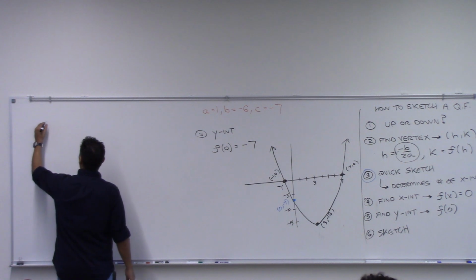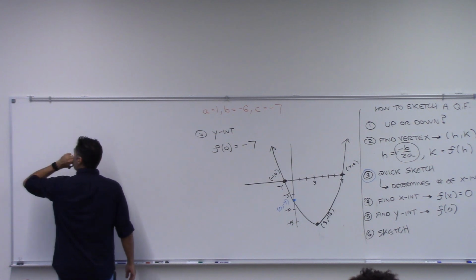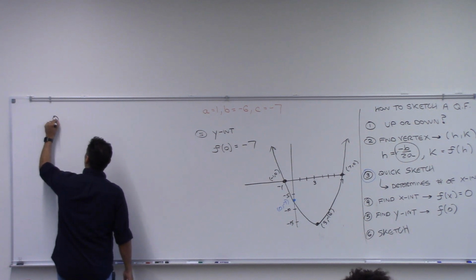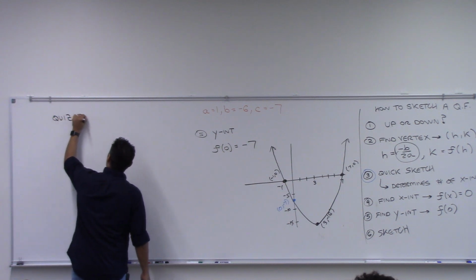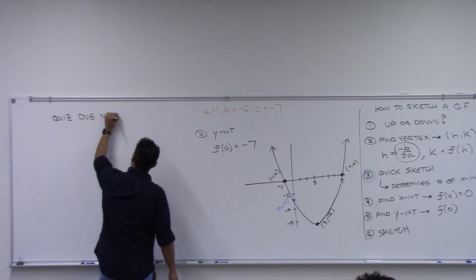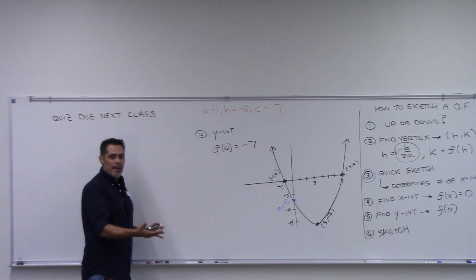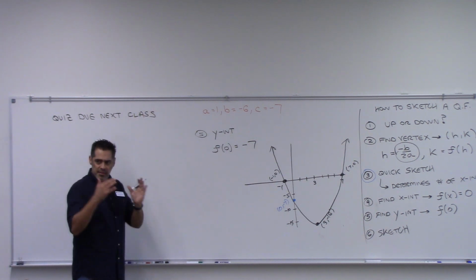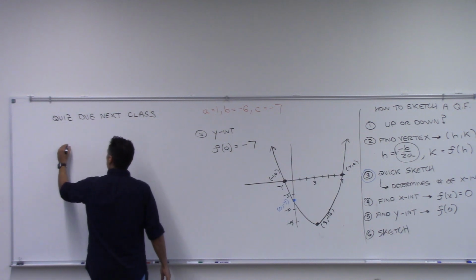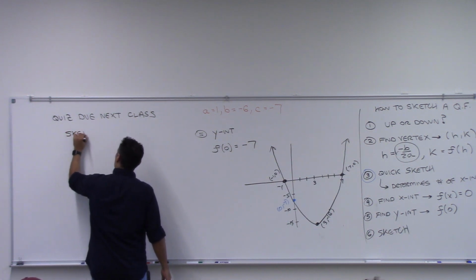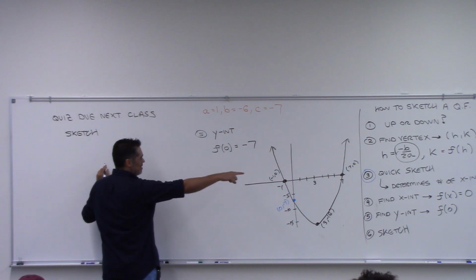Okay, so let's make this a quiz, all right? Quiz, due next class. So do it on separate paper. Don't be like, oh, I did it on the back of my notes. No, have it ready to turn in. So I want you to sketch these using these 6 steps.